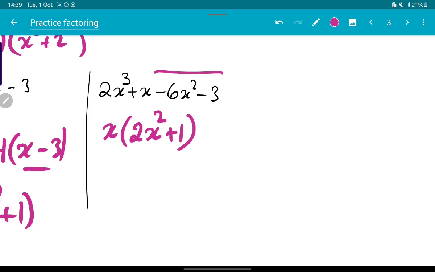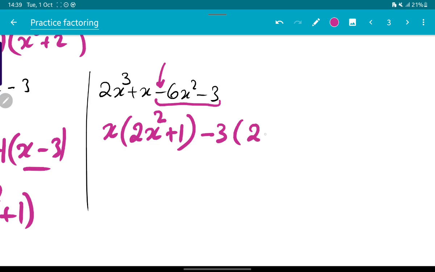In the second group we have negative in the first one. If the second group starts with negative, even if the rest is positive, we should take this negative outside as a common factor. So we will take negative 3 because both are divisible by 3.